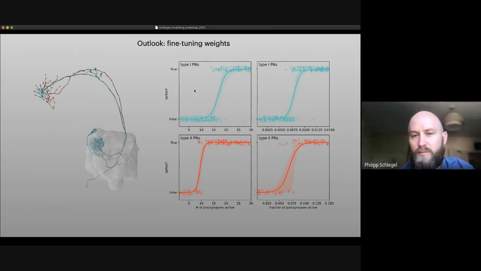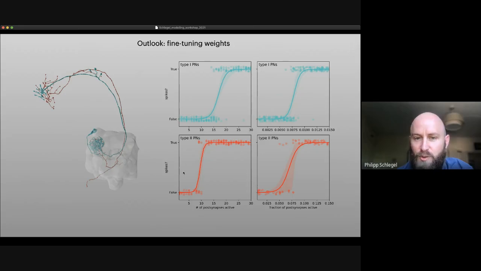So top row is this teal projection neuron, bottom row is the red projection neuron. And then if you just focus on the first column for now, you can see that activating 5 synapses doesn't really do much, 10 doesn't do much, but as soon as you hit like 15, maybe after 20, then you can reliably elicit a postsynaptic action potential.